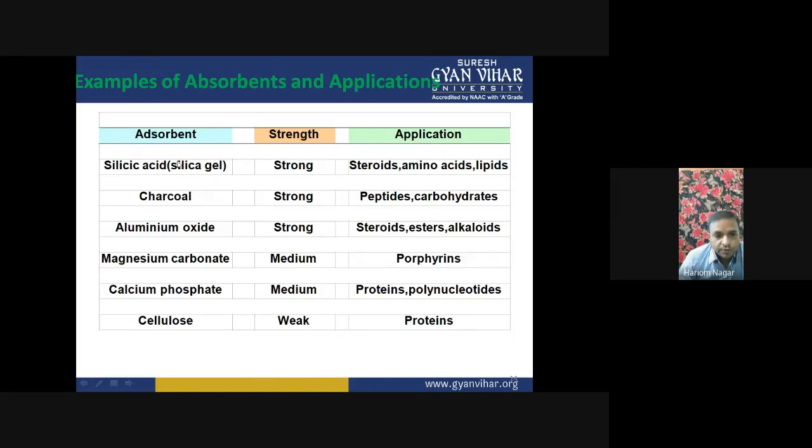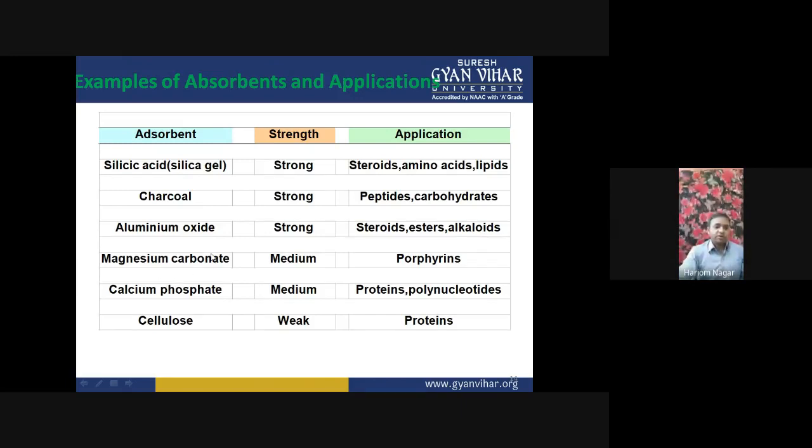If we talk about the stationary phase charcoal, peptides and carbohydrates can be separated on it. Aluminum oxide is also a strong stationary phase, and its application is for separation of steroids, alkaloids, etc.